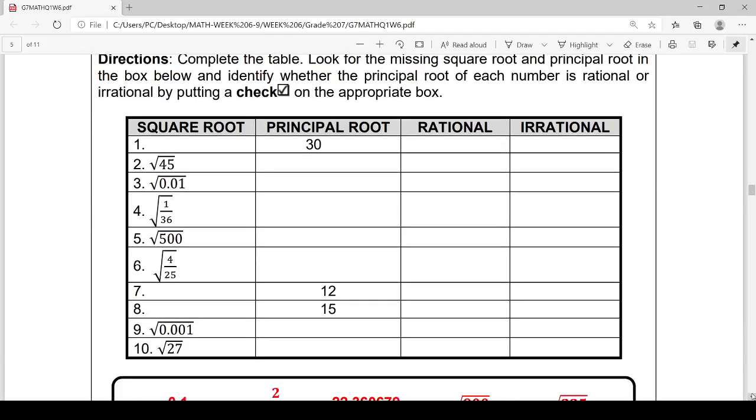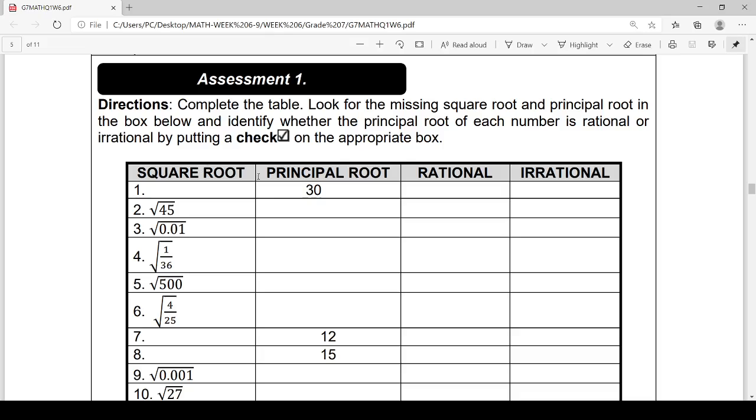Okay, so for your assessment here, you will just supply the answer here. What is the square root of 45? What is the square root of 0.01? What is the square root of 1 over 36? Square root of 500? Then if the principal root is 12, what should be the given? If the principal root is 15, what should be the given?